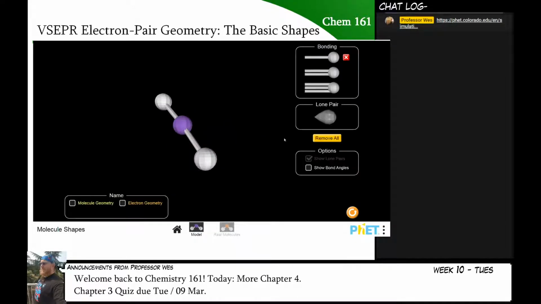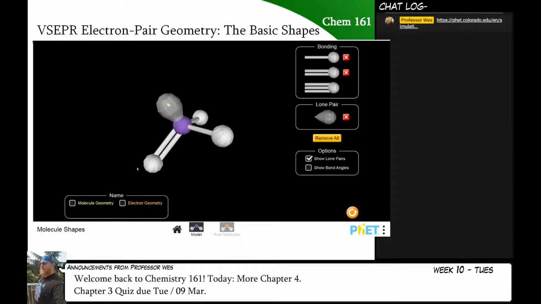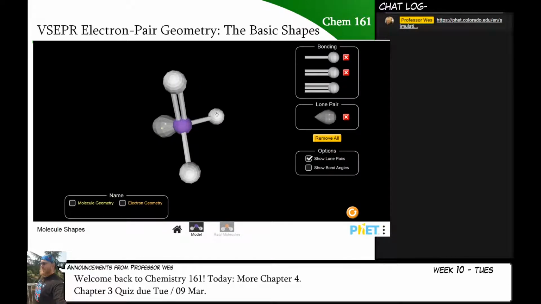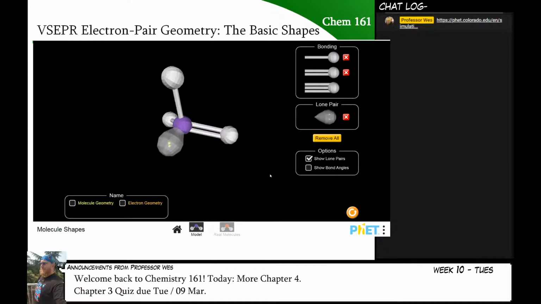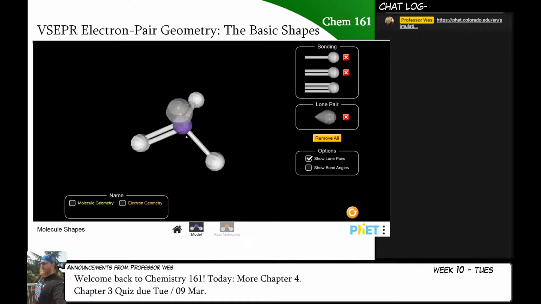We were playing with this the other day, putting shapes together and seeing whatever we could create. So what we're going to do with these models that we're generating out of various numbers of electron groups, or electron domains, or whatever your textbook calls them, is assign them all names.